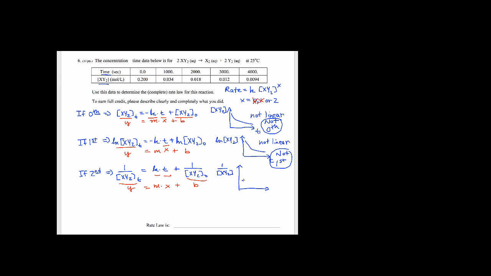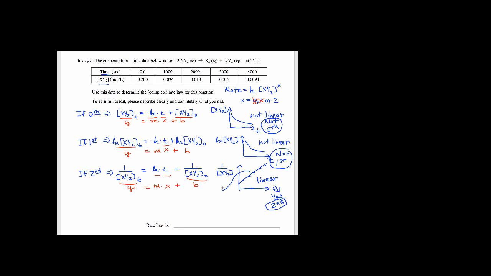And this time, if we plot our data points, what we end up getting is a pretty straight line. So this one is linear, so that means it is 2nd order.